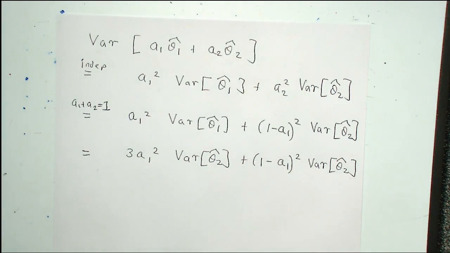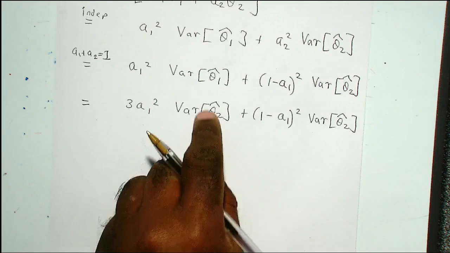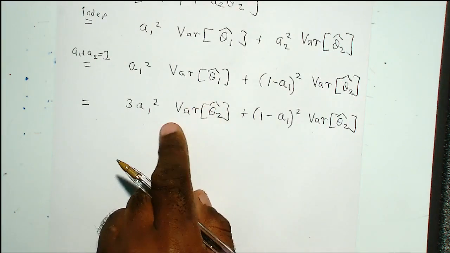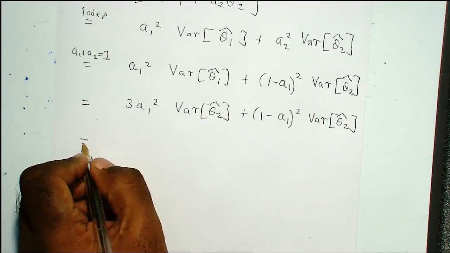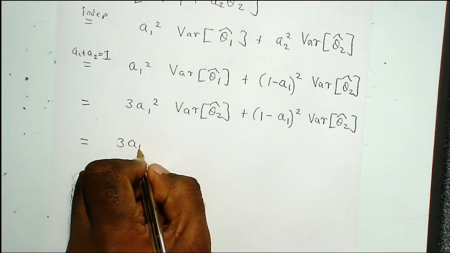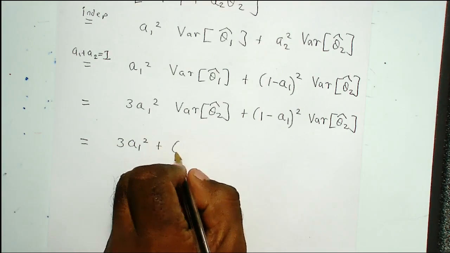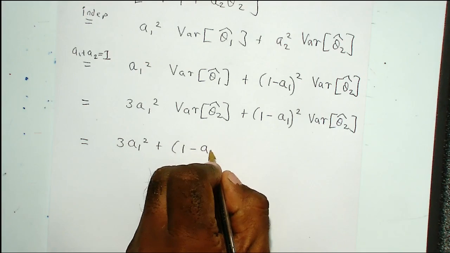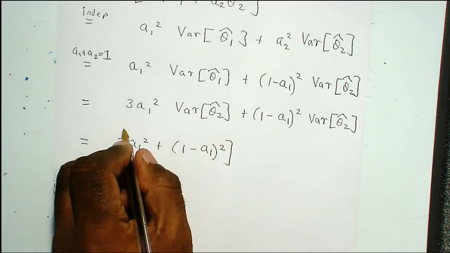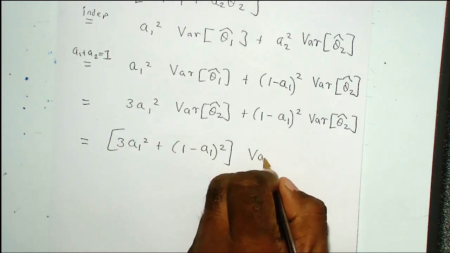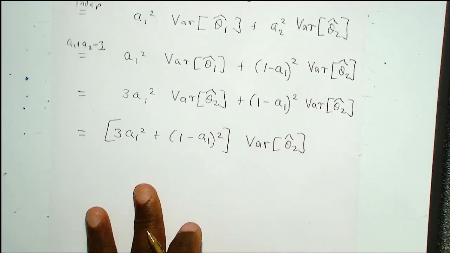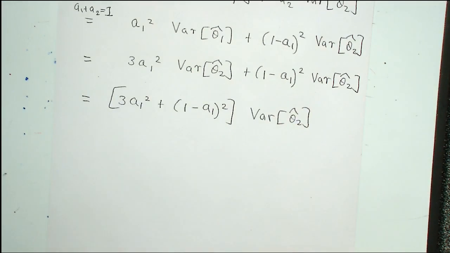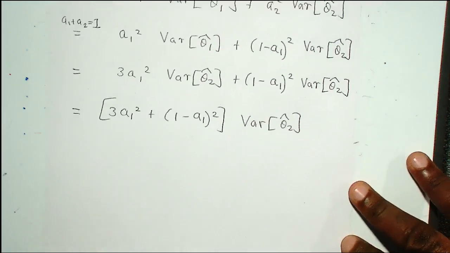Do you see what I've done? Yeah. I have replaced variance of theta 1 hat by 3 times the variance of theta 2 hat. Now this one you can write as this, right?